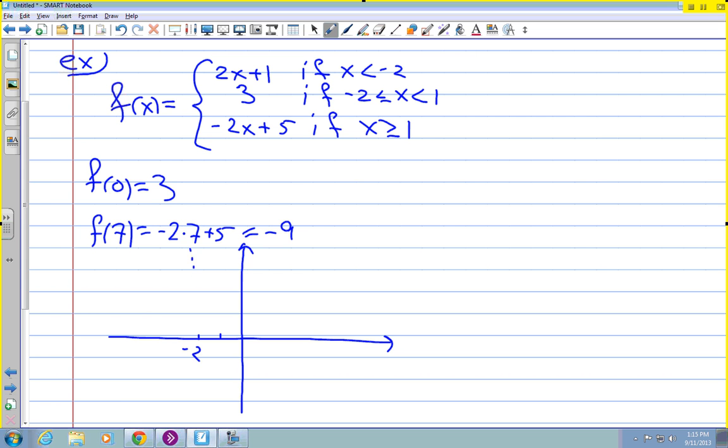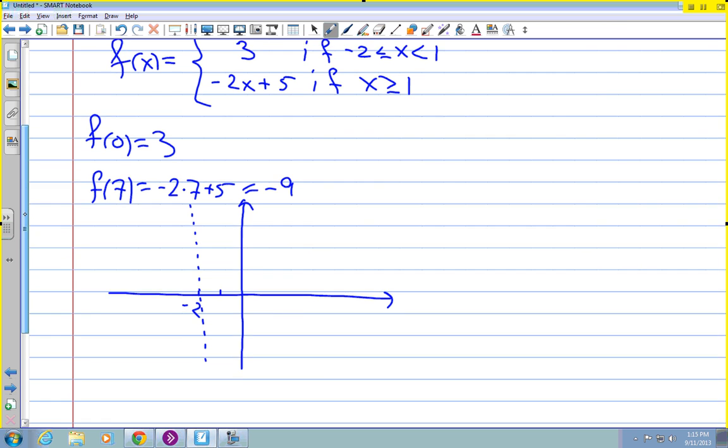So before -2, I just have a straight line, 2x plus 1. For all x values less than -2, so in this region, the graph would be 2x plus 1. Now this is not a graph, I'm just circling the region. So how do we graph 2x plus 1 on that region?